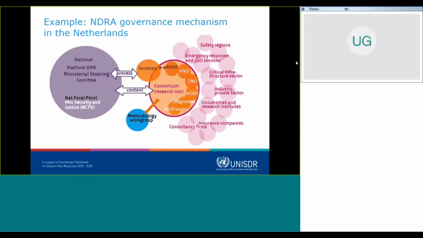In turn, they have assigned a consortium led by the National Environmental Agency that really connects all experts and different stakeholders on regional level, critical infrastructure, industries, universities, into this network that actually performs the national disaster risk assessment, which is safeguarded by this technical committee, the methodology working group, of which I'm a member.